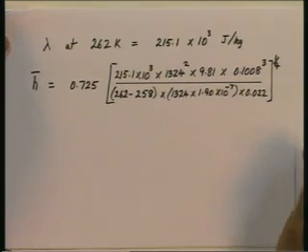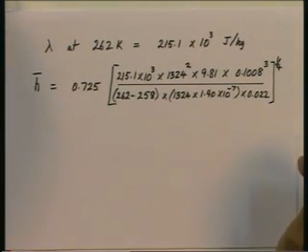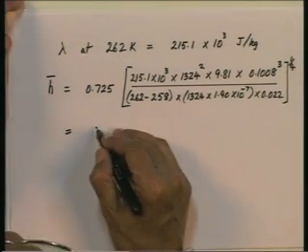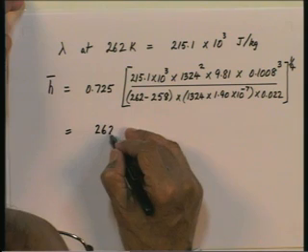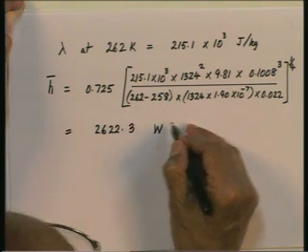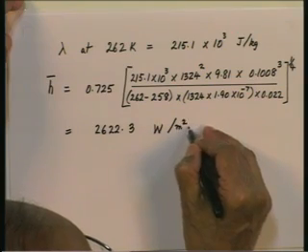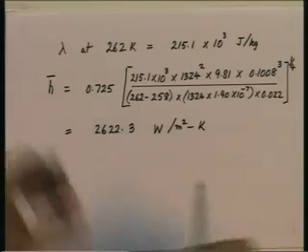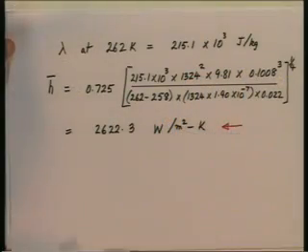And if you work this out, you will get 2622.3 watts per meter squared Kelvin. So, this is the first answer that you are looking for, the value of the average heat transfer coefficient.